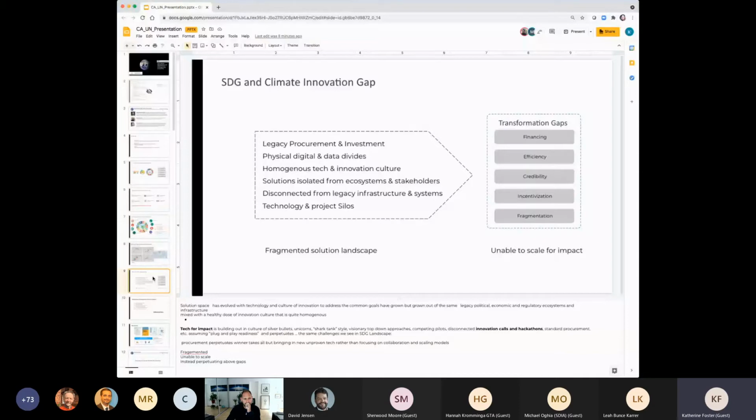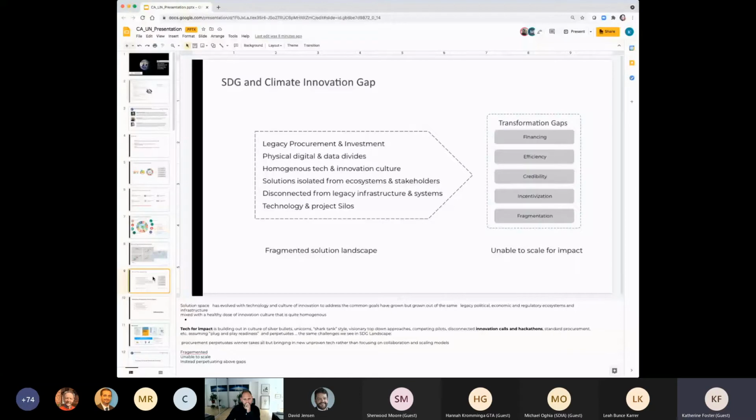We have this homogenous tech and innovation culture where more and more we're adopting Silicon Valley approaches and pitching and funding and winner-take-all culture. And we're disconnecting all of this from the legacy infrastructure and systems. And so what we're seeing, of course, is technology and project silos and this fragmented solution landscape.